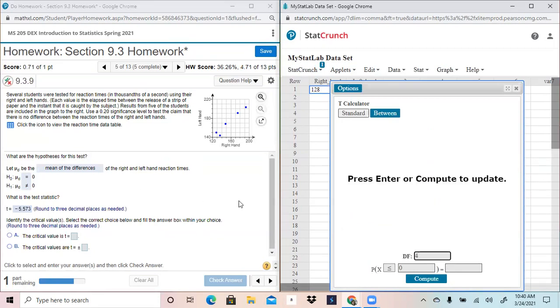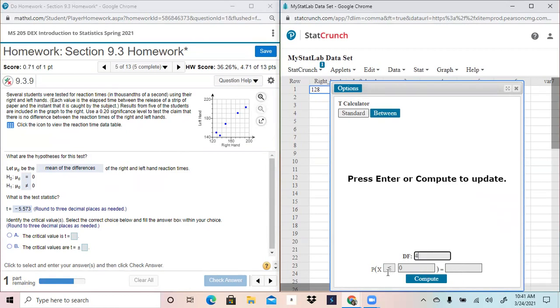The critical values are based not on the sample, but on the significance level. The significance level, when you're finding a critical value, is split between the 2 tails. So for a 0.20 significance level, we're going to have 0.10 at both ends.